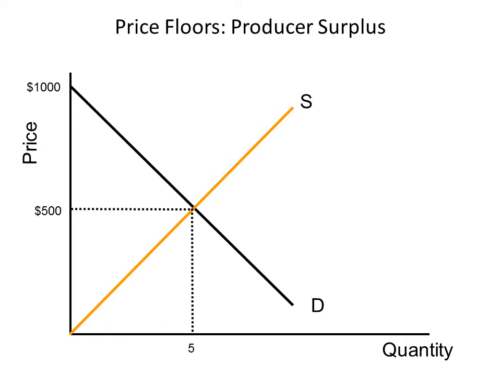We're going to assume that the supply curve crosses the demand curve at an equilibrium price of $500 and a quantity of 5 TVs.